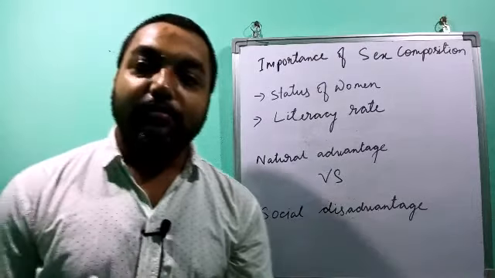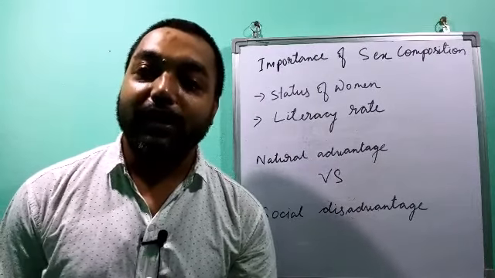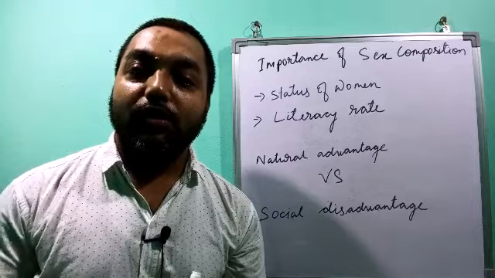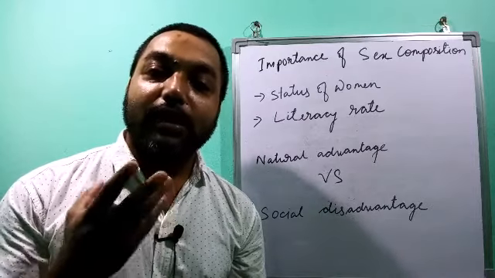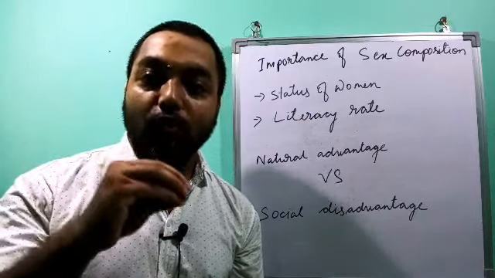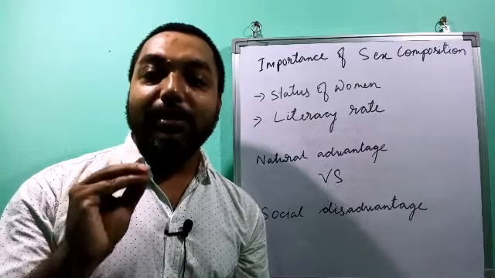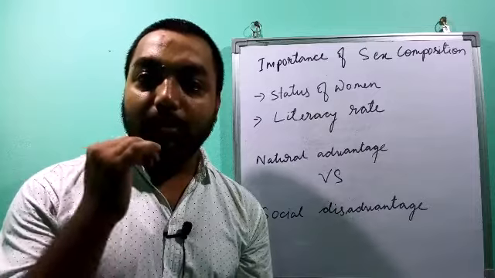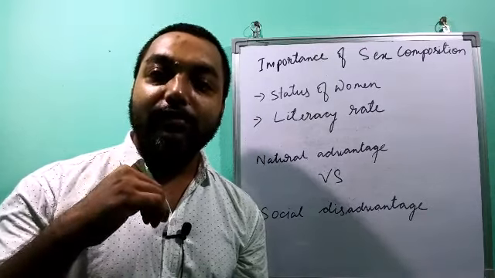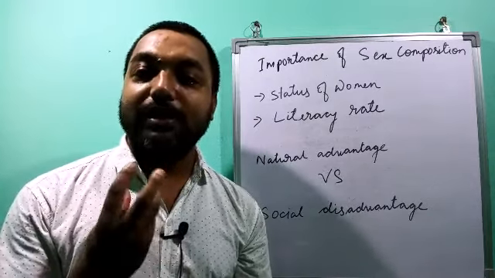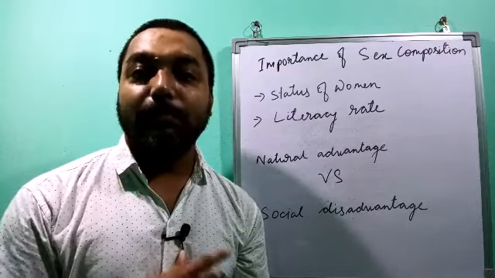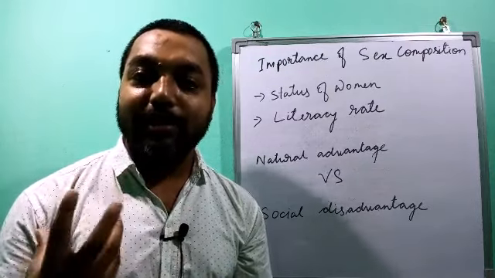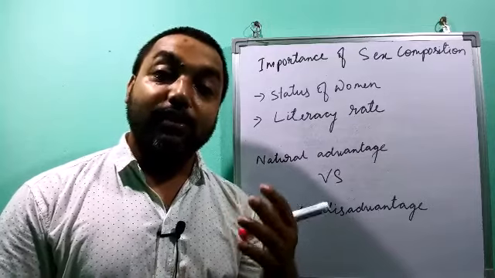for a girl child there is always a natural advantage: from the mother's womb only, she has the capability to fight with different kinds of diseases. That means her antibody is stronger in comparison to a boy child from the mother's womb only.